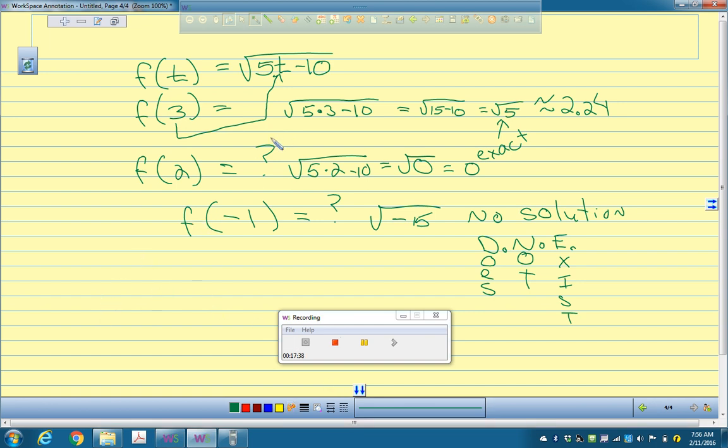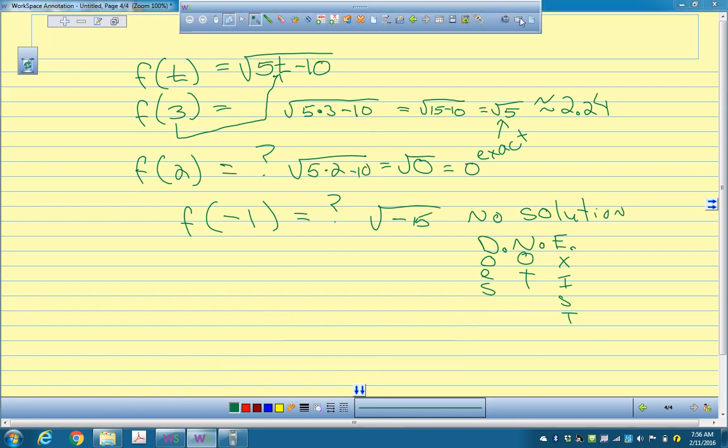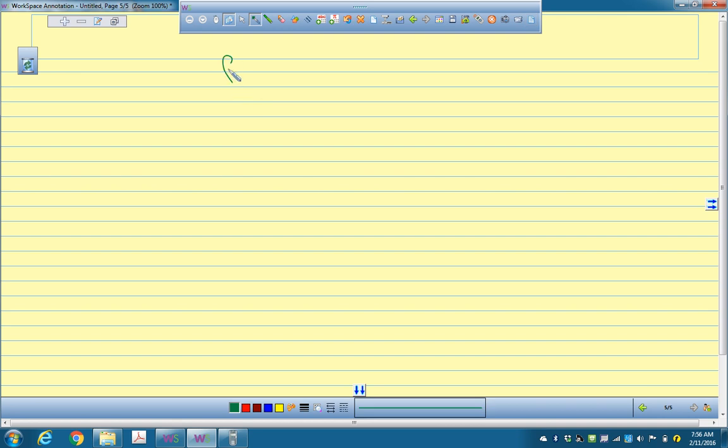We're going to try a different problem, and you guys are going to try this one. F of x is equal to negative square root of x plus 1 quantity squared, okay?